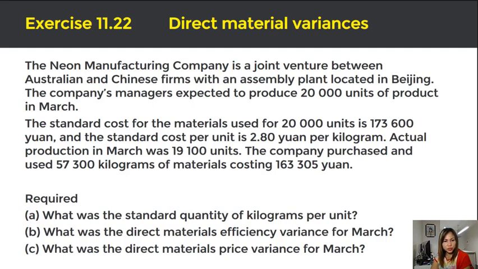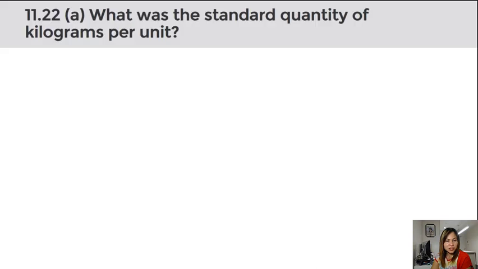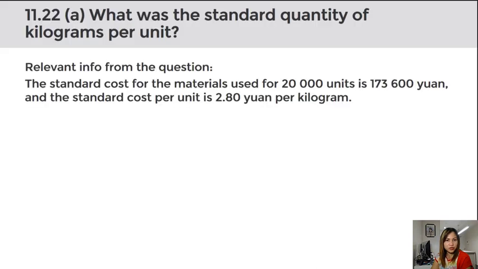First requirement: what was the standard quantity of kilograms per unit? So which one is the relevant information? The standard cost for the materials used for 20,000 units is 173,600 yuan. The standard cost per unit is 2.8 yuan per kilogram.